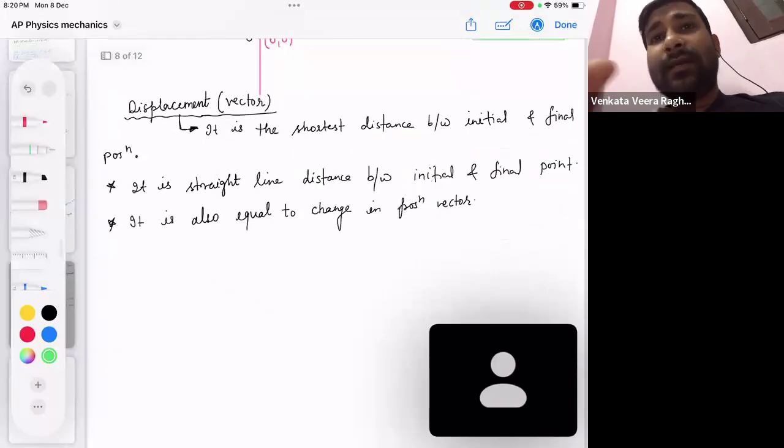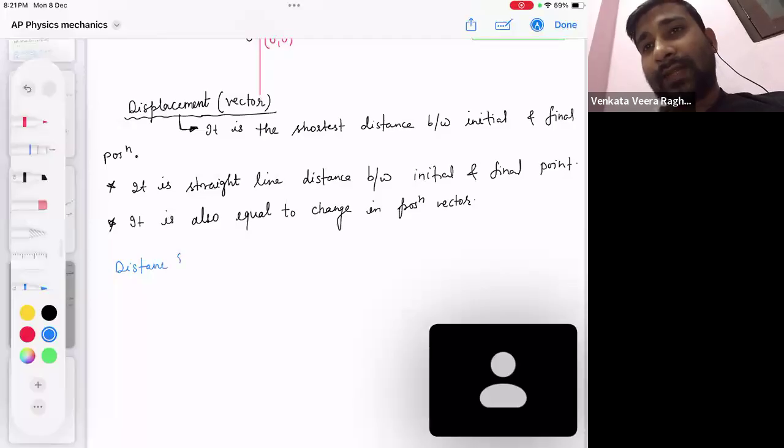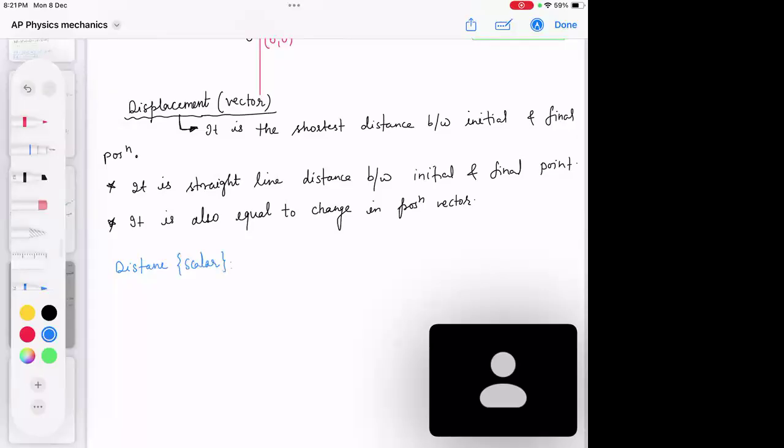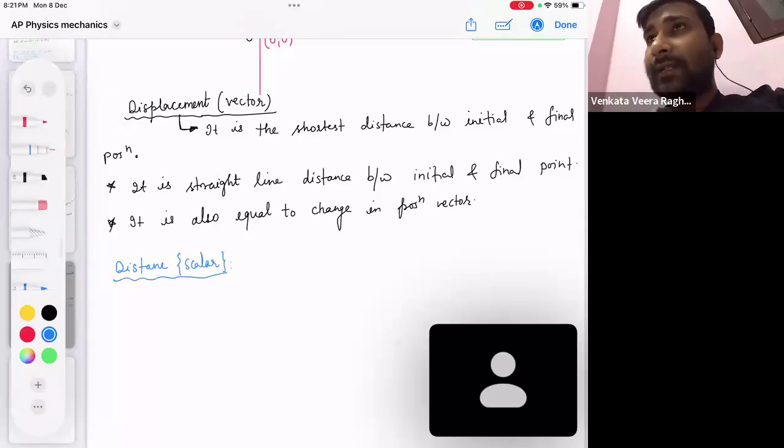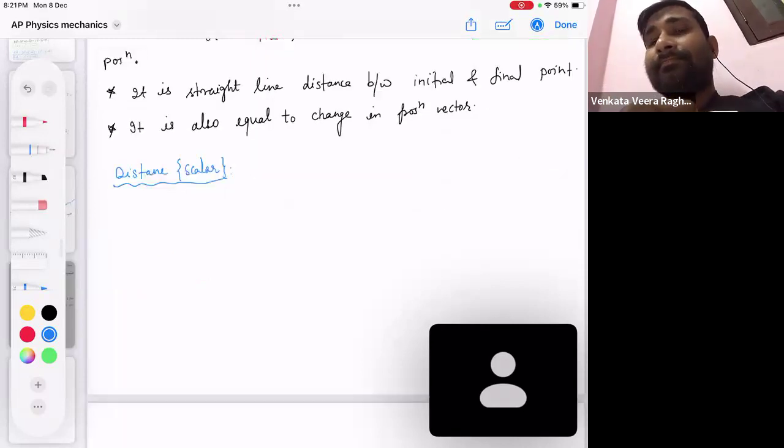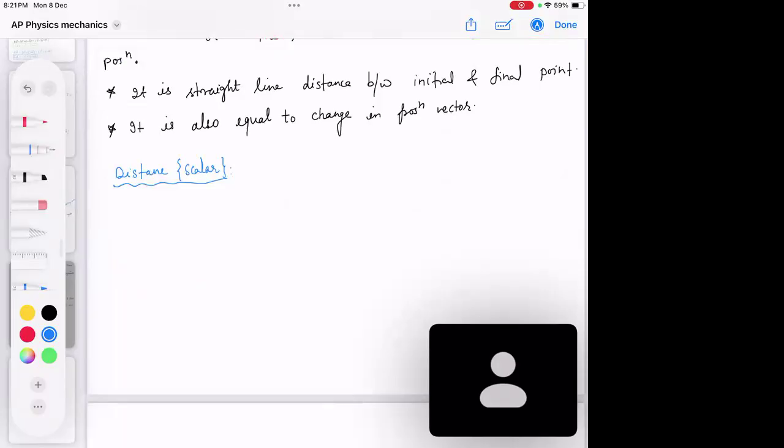Now, once we are clear about displacement, the next quantity is called the distance. What is the distance? Is it a scalar or a vector? Scalar. What is the distance of a particle? The actual path followed by a particle.